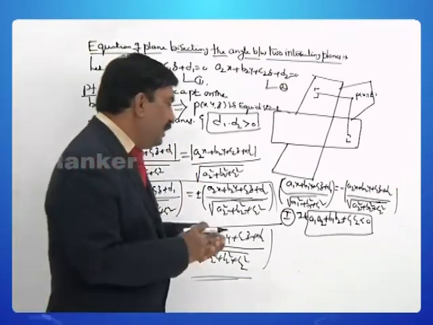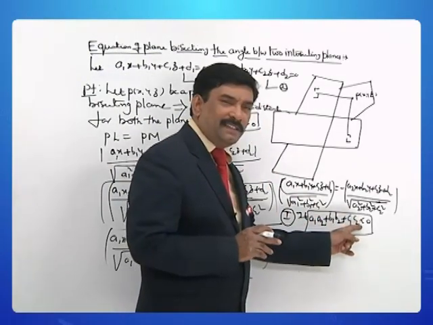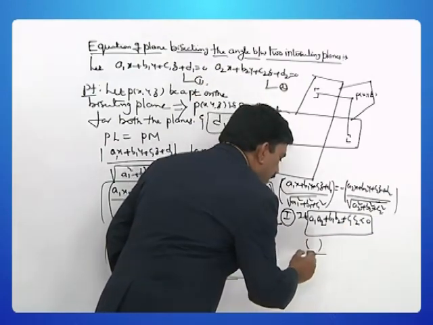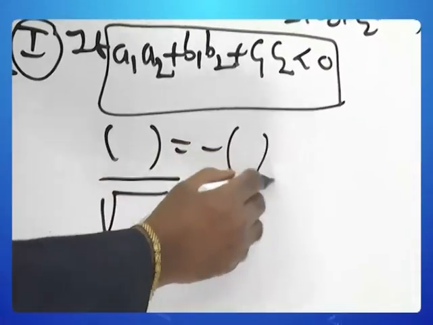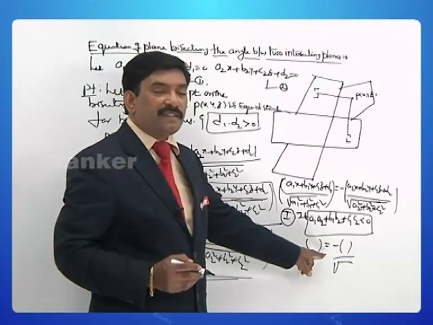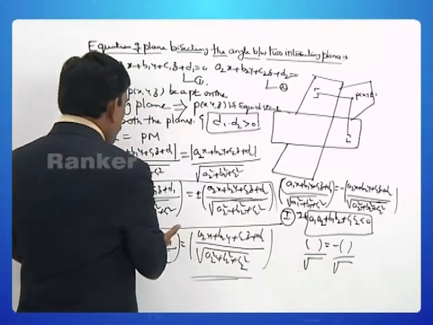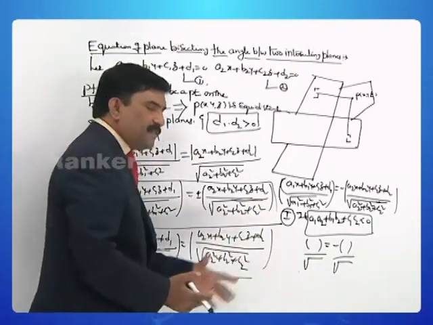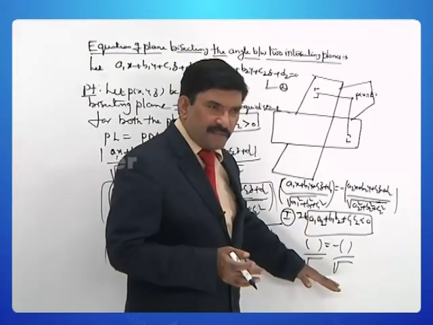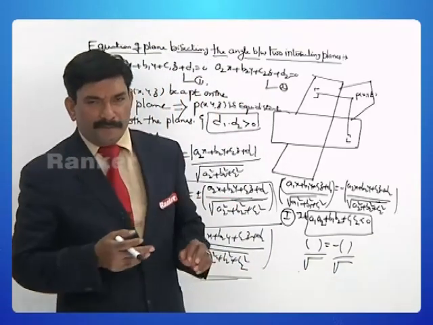So the equation of the acute bisector, whatever the sign is there, if it is negative, is this by square root equal to minus this by square root. This is the equation of the acute bisector with the minus sign. In this bracket you fill up this by this. This is the same as the bisector containing the origin.